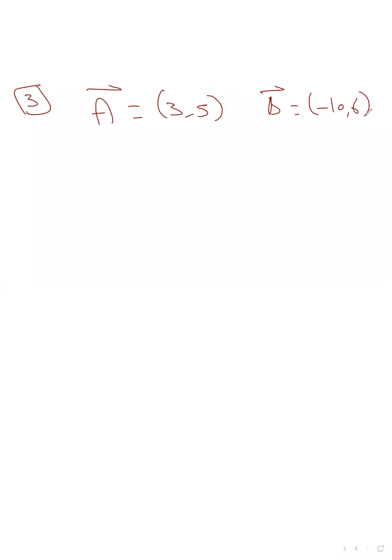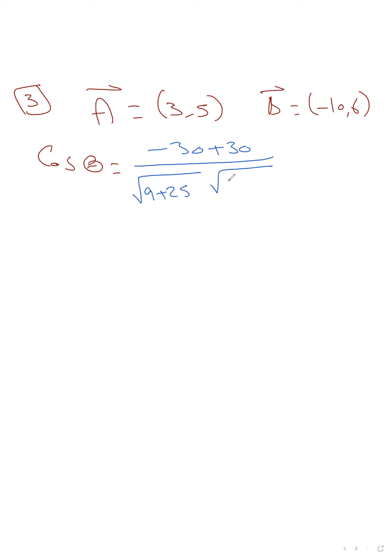Okay, who can solve this with me? رحيم. أيوة بس اتفضل. هنعمل نيجاتيف 30 بلس 30. كوزين ثيتا equals negative 30 plus 30 يعني زيرو over norm of 9 plus 25 times 100 plus 36 equals 0. لو جينا شفت كوزين للزيرو يعني ثيتا equals cosine power of negative 1 of 0 equals 90.